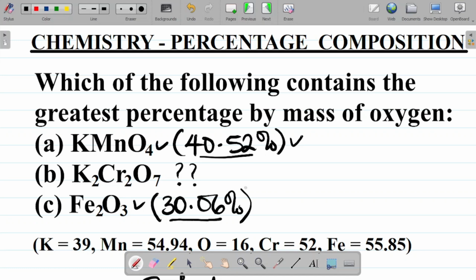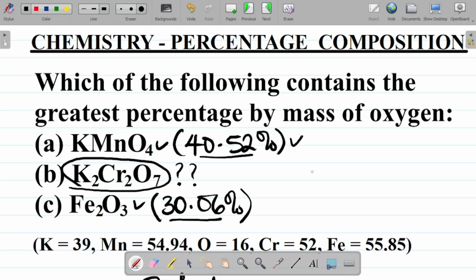So you get the value for this one here, which is potassium heptaoxodichromate 6. Get your answer, then compare it with the A part, that's this potassium tetraoxomanganate 7, and see which of them is greater.